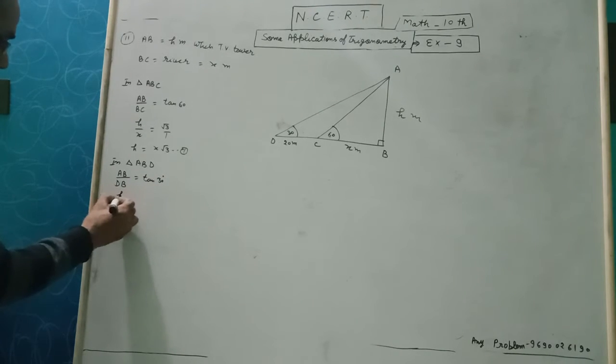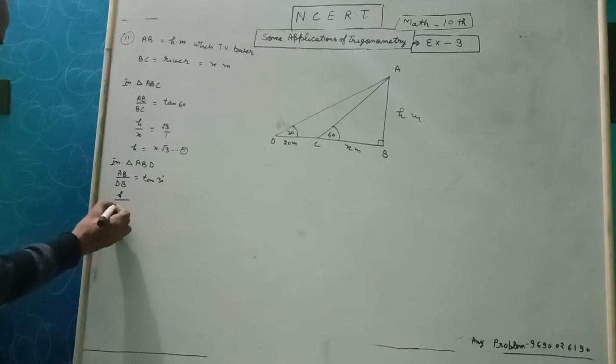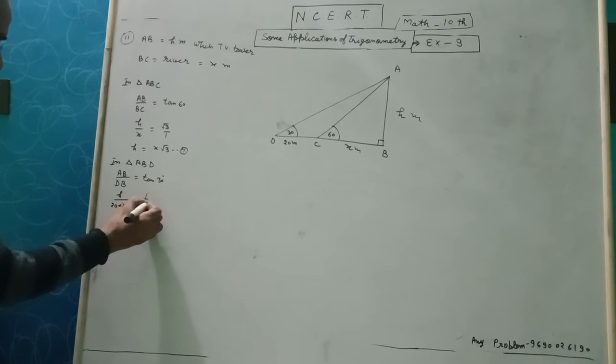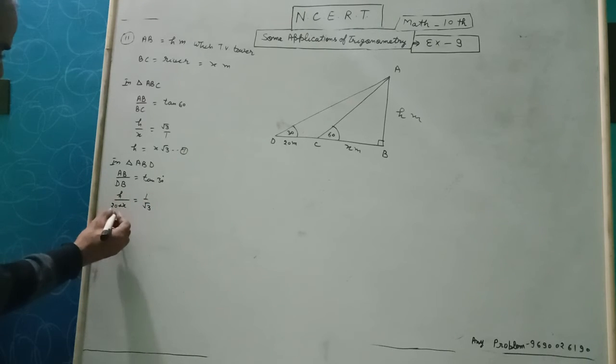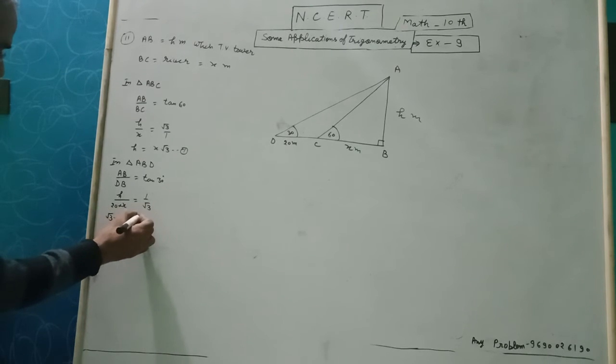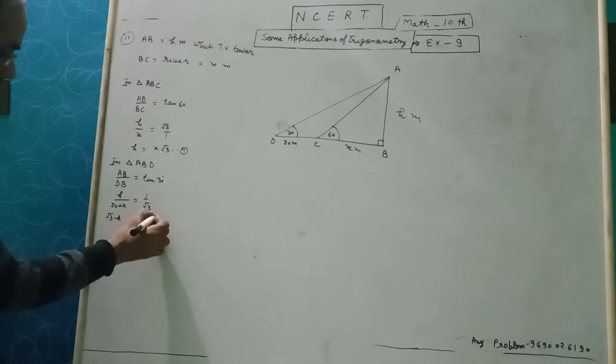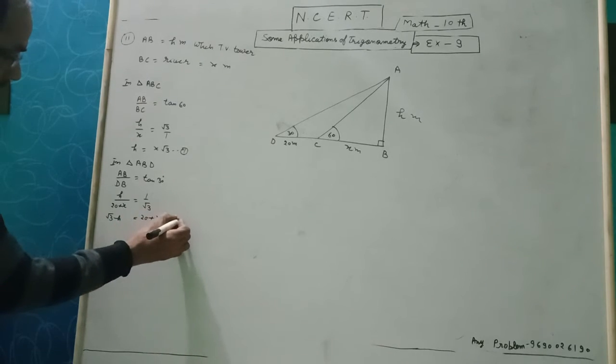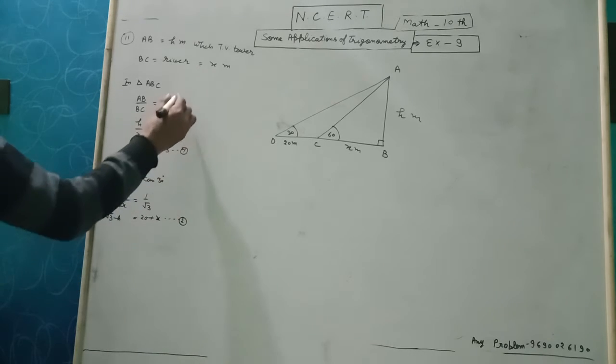AB is equal to H, DB will be 20 plus X is equal to 1 upon under root 3. After cross multiply, under root 3 H is equal to 20 plus X. That is equation second.